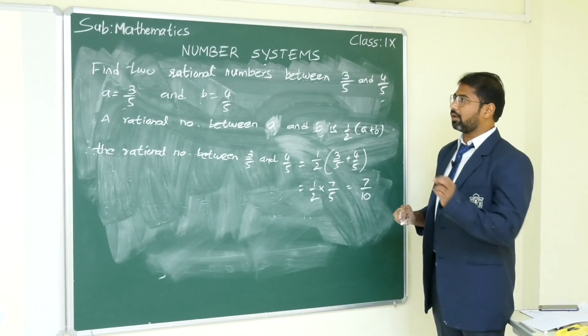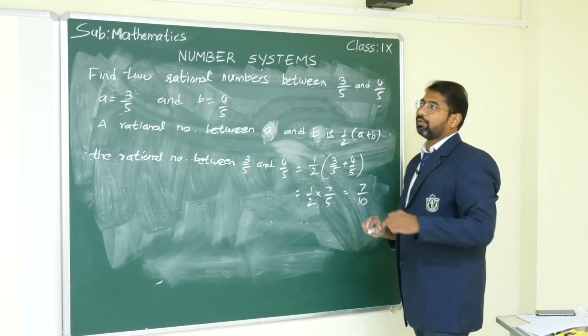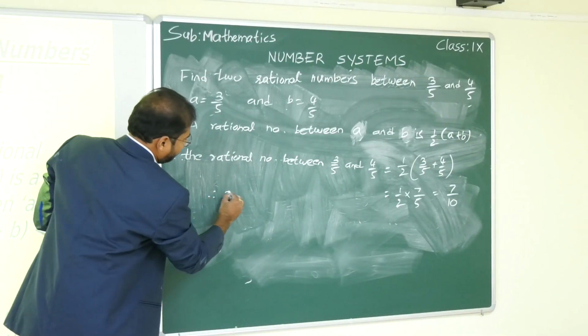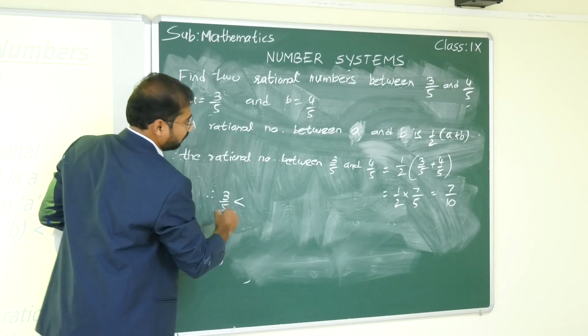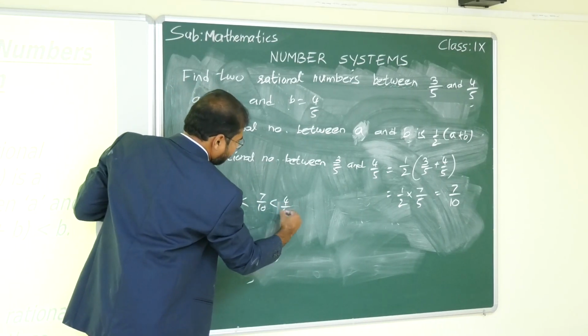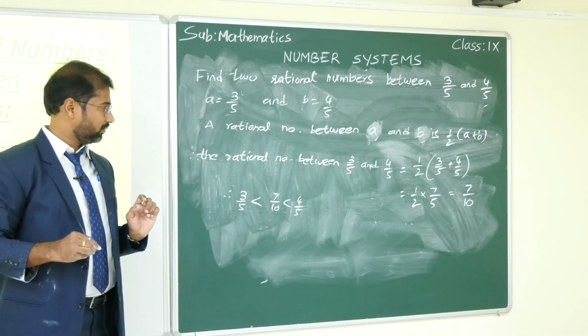Therefore I have inserted one rational number between 3 by 5 and 4 by 5. Therefore 3 by 5 is smaller than 7 by 10 is smaller than 4 by 5.